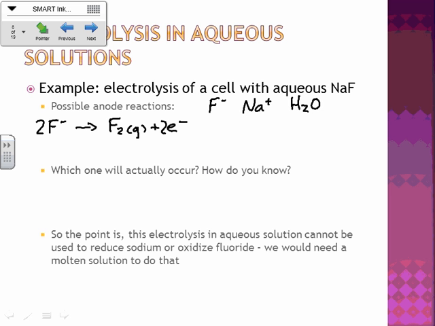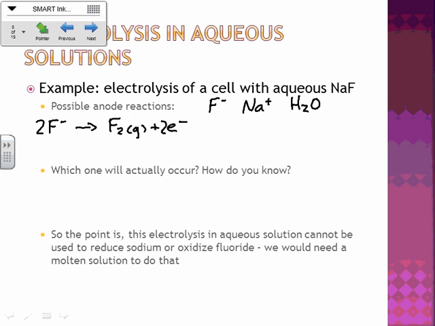Now the other possible oxidation that could occur, water could also get oxidized, okay? Now, to find where water gets oxidized, we have to look further up on the chart here, okay? Do you see the reduction potential of the oxygen? The oxygen plus the 4H plus 4 electrons yields 2 H2O liquid, okay?